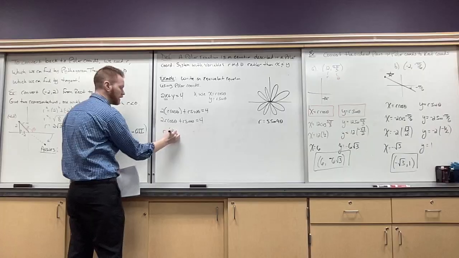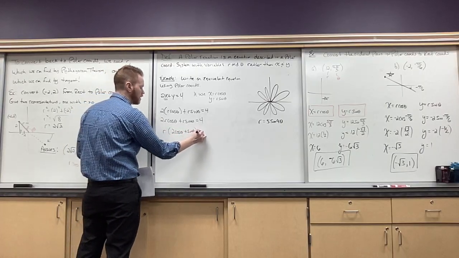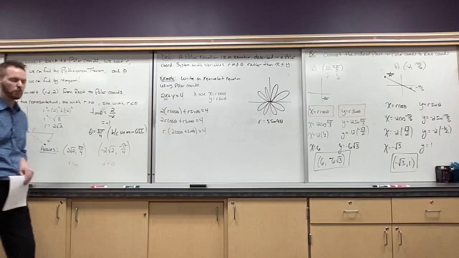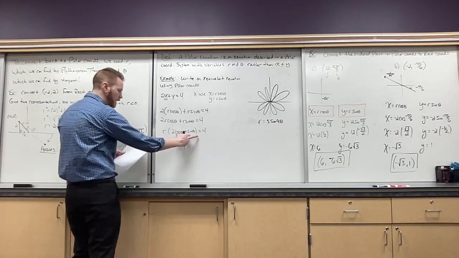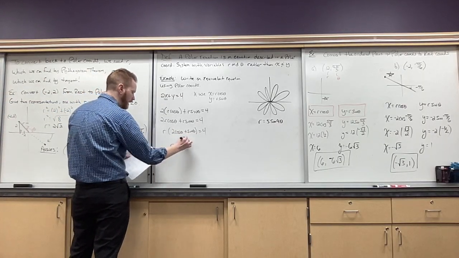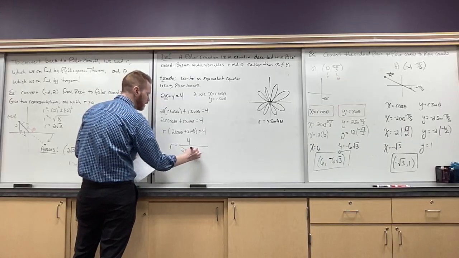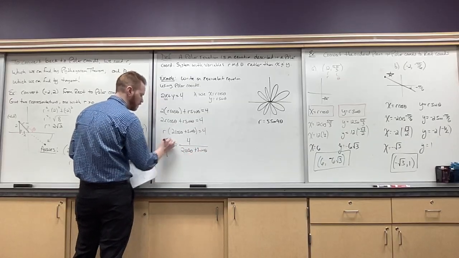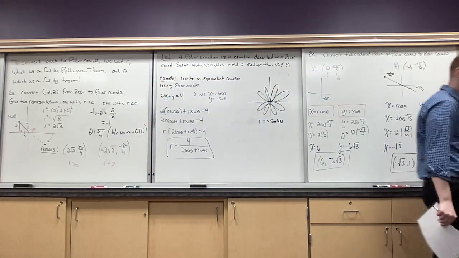So I take an r out, I get r times (2 cosine of theta plus sine of theta) equals 4. Which is perfect, because again, I just want one r value equals whatever's after it. I'll divide both sides by what's in the parentheses. I get r to be 4 divided by 2 cosine of theta plus sine of theta. There we go. Those are my equivalents.